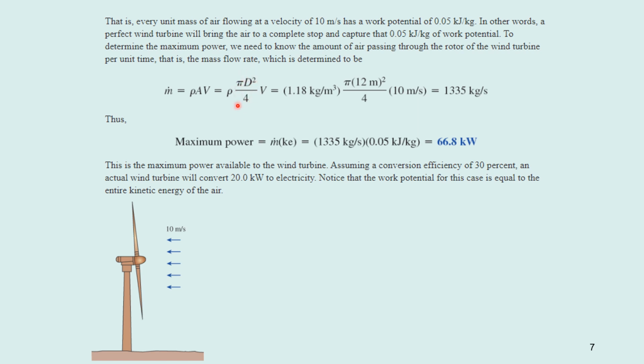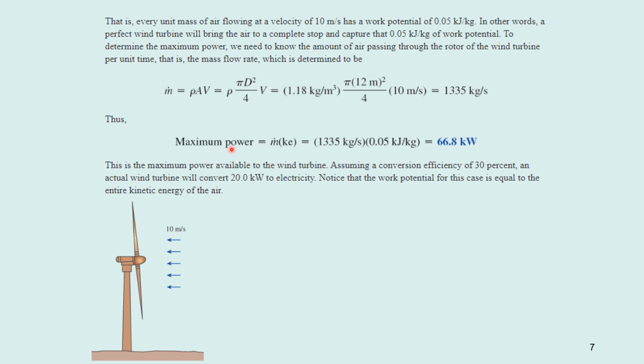This part here is just the area. Here's your density, here's your velocity. Actually, the density isn't given to us here. We can look this up, this is just the density of air, in the back of the book. But plugging in the values, we get 1,335 kilograms per second as the mass flow rate.